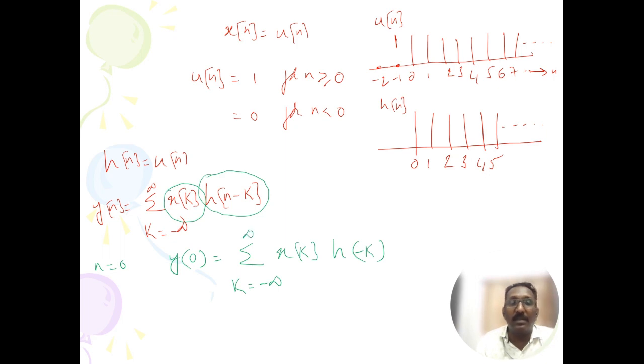Over the entire axis you have to multiply x of k and h of minus k and sum over k, and you will get one value of output y of n for n equal to 0. Similarly, by substituting different values for n, you get the y of n values. So just rearranging these values in terms of x of k and h of k, we will try to calculate output y of n.